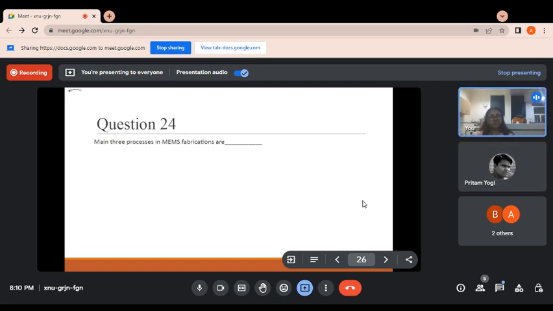Actually, there are three main fabrication processes. There are so many types of fabrication process, like photolithography, etching, deposition. So what are the main three fabrication processes? Lithography, deposition, and... Ma'am, deposition, patterning, etching, ma'am. Yes, the right option is deposition, patterning, and etching are the main three processes of MEMS fabrication.